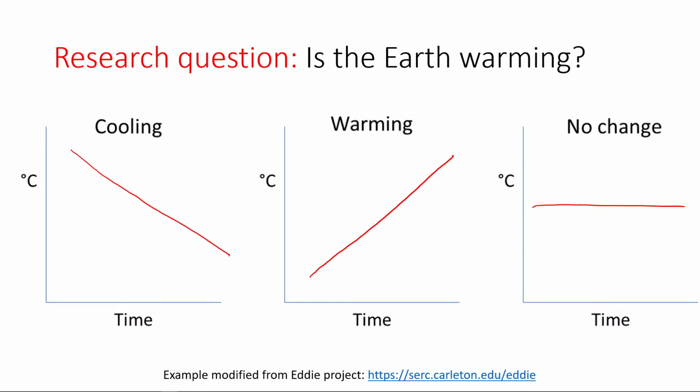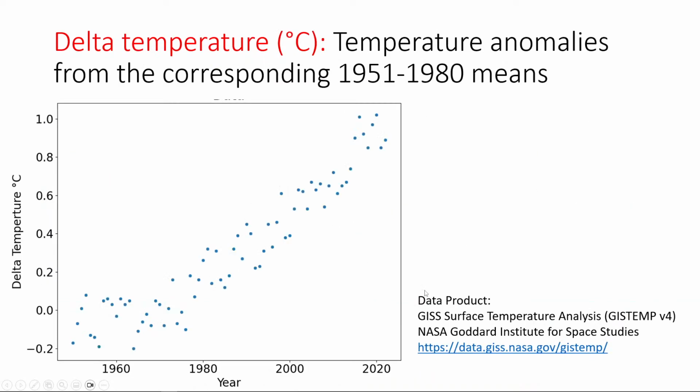Your independent variable would be time and your dependent variable would be the Earth's temperature.